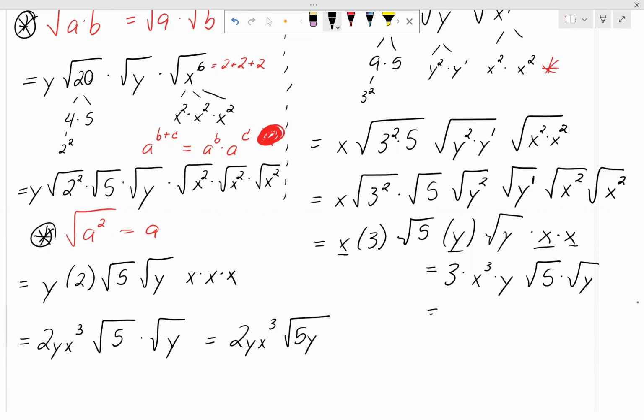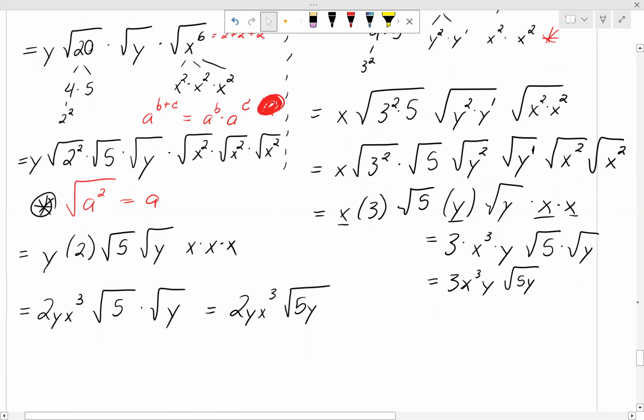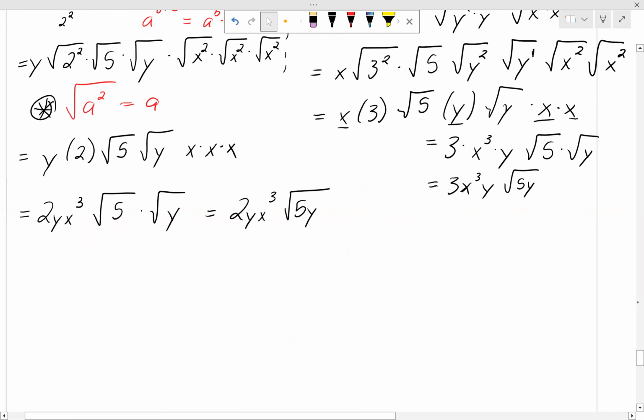All right. So then I'm going to do the same thing like I did over here, and I'm going to write square root of 5 times square root of y as square root of 5y.